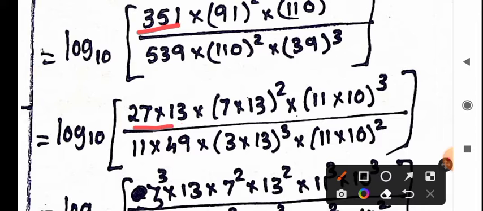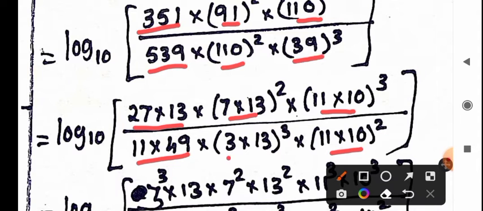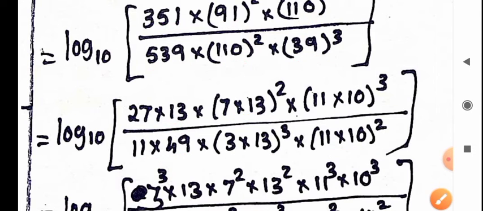351 will become 27 into 13, 91 will become 7 into 13, 110 is 11 into 10, 539 is 11 into 49, 110 will become 11 into 10, and 39 is 3 into 13.